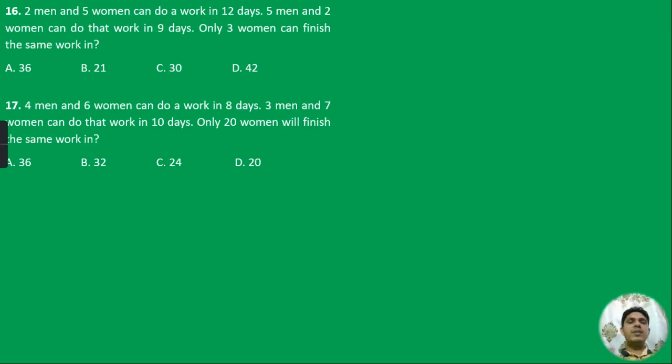Right? Question number 16, in the next type we have: 2 men and 5 women can complete a work in 12 days. 5 men and 2 women can complete a work in 9 days.